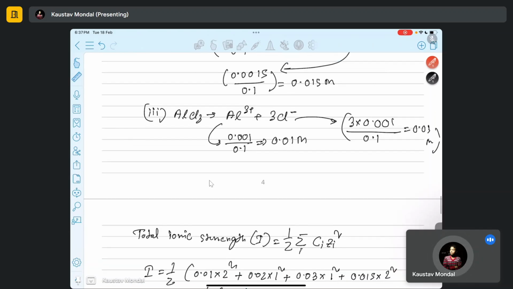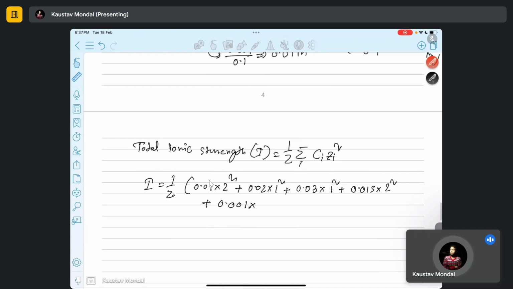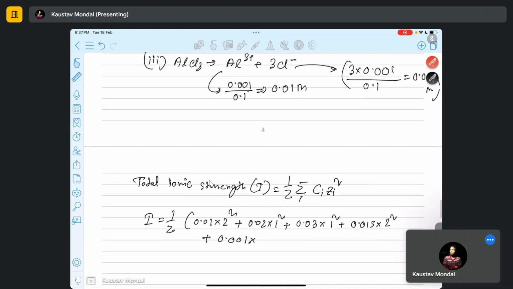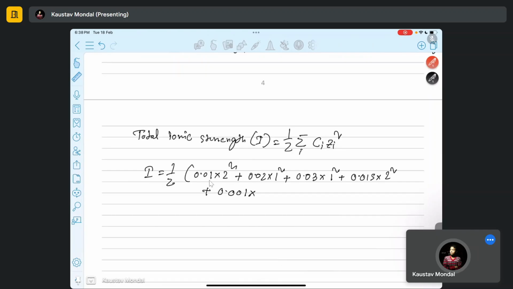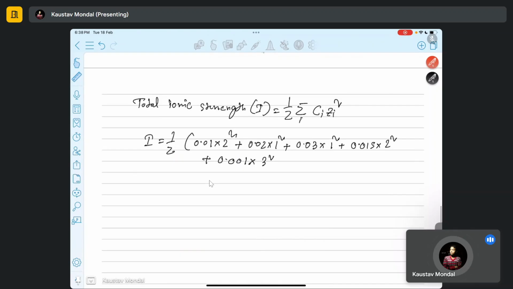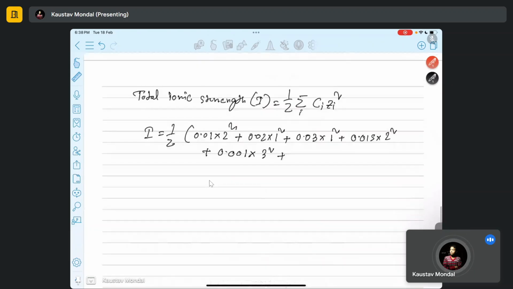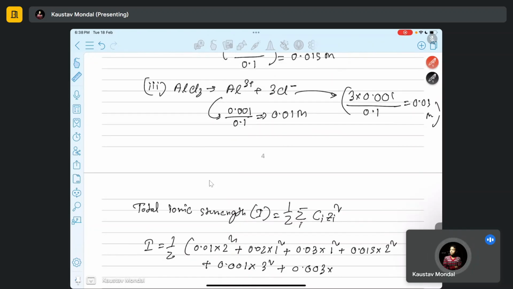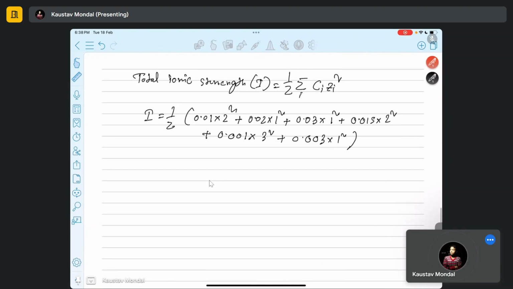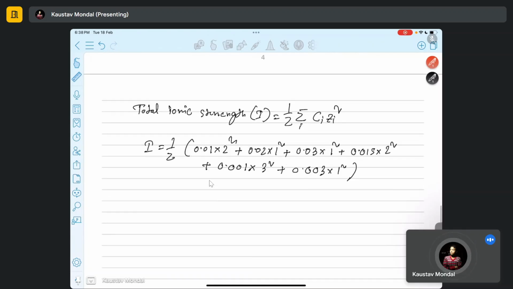Al has 0.01 M, and it has 3 units of cation, so 0.01 into 3 square. And last comes Cl-, which has 0.03 into 1 square, as there is just a single anion. Okay, so these are all the contributions to the ionic strength in the solution.